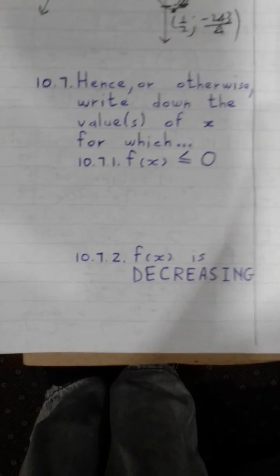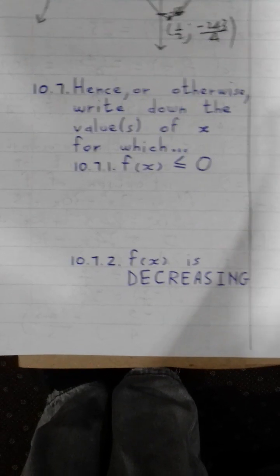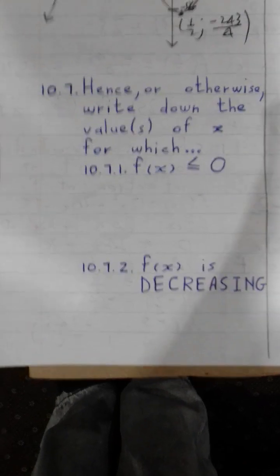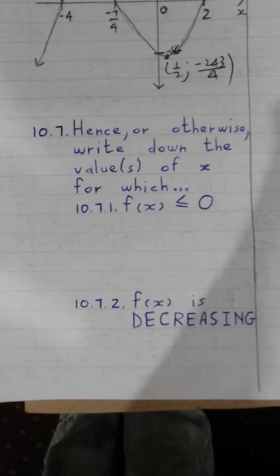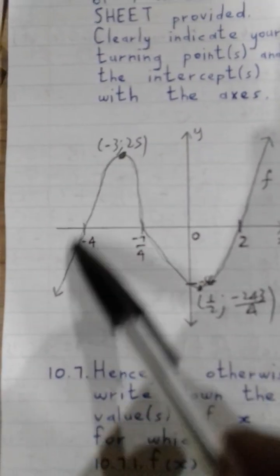Question 10.7.1 states, hence, or otherwise, write down the value or values of x for which f of x is less than or equal to 0. So on the x-axis as well as below the x-axis, where is that? Here.